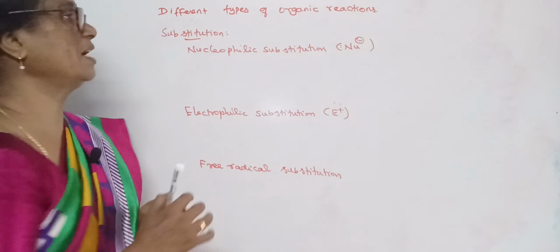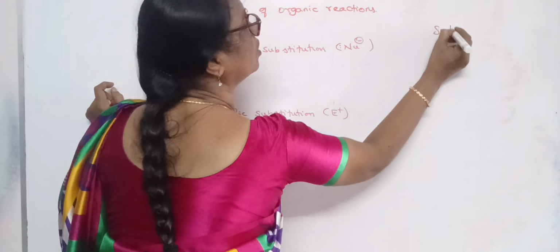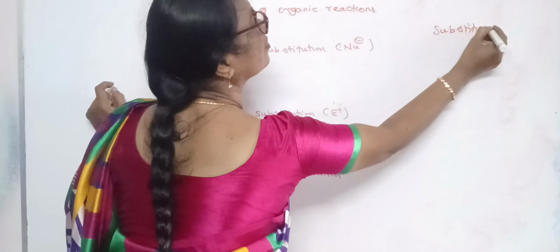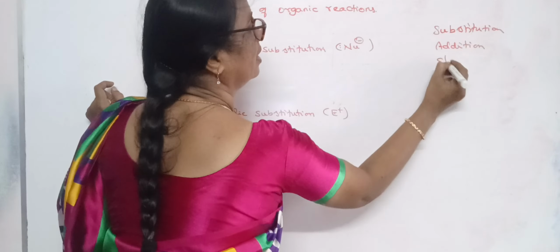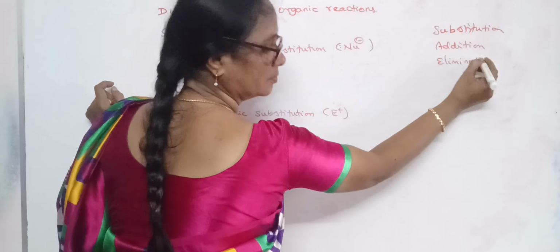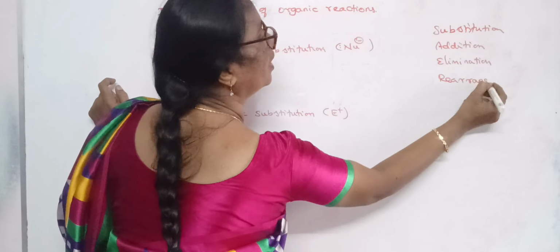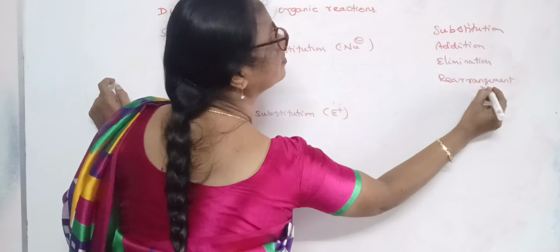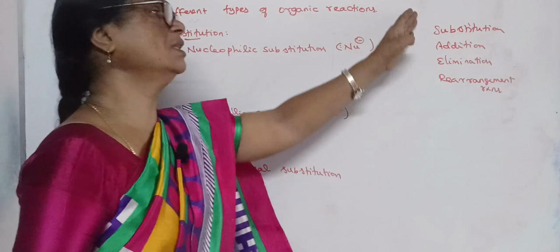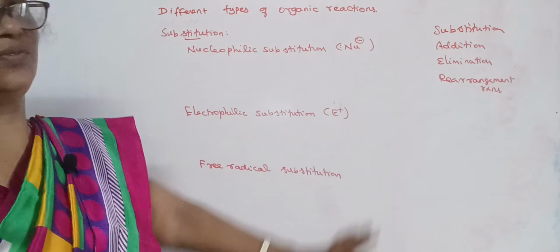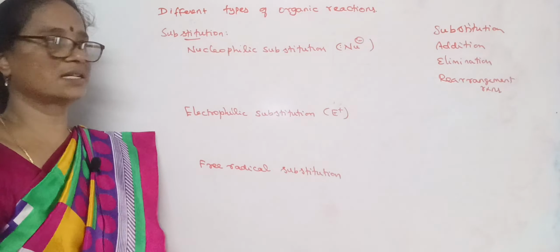We have different types of reactions: substitution reaction, addition reaction, elimination reaction, rearrangement reactions, etc. And all together can also take place, and besides that we have oxidation and reduction reactions too.